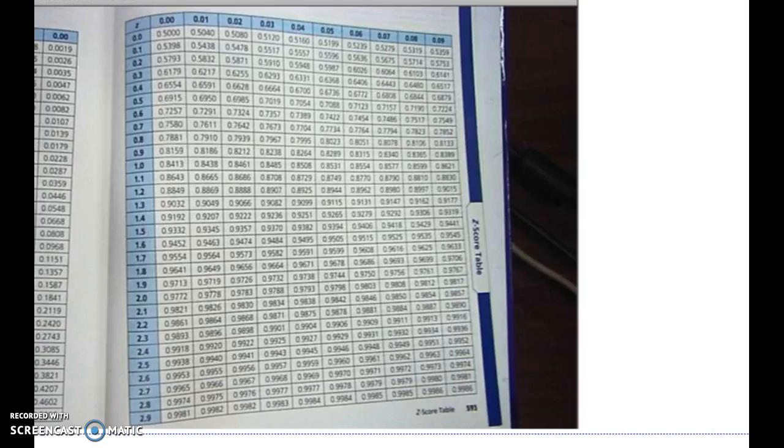So this is where we use our pages from our textbook. So what we are going to do is look, our z-score again, remember, was 1.266, so that's 1.27. So we're going to look down our page till we get to 1.2, and then we're going to go over until we get to 0.7.